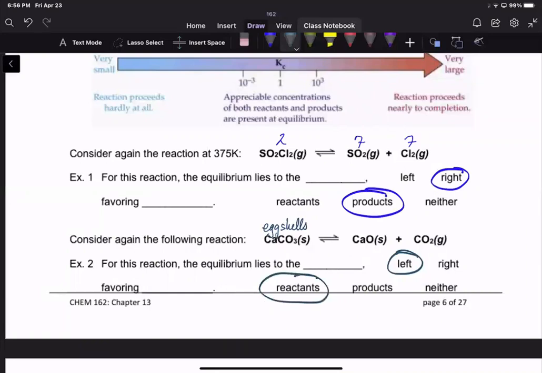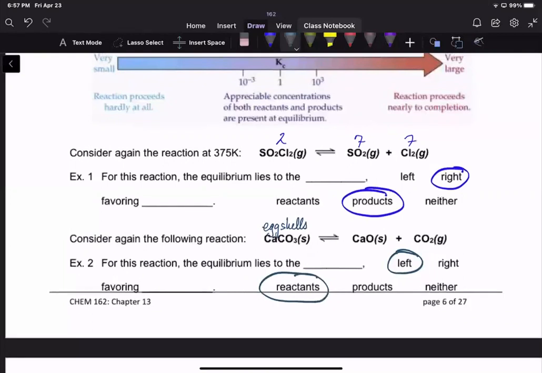So when it lies to the right, it's just saying that it doesn't reverse back into reactants at the same speed that it stays as a product. Well, when it reaches equilibrium, you said the word speed. When it reaches equilibrium, the rate forward and the rate reverse are the same, right. Okay, but the concentrations might end up looking like this: a big arrow one way and a small arrow back is one way to think of it.